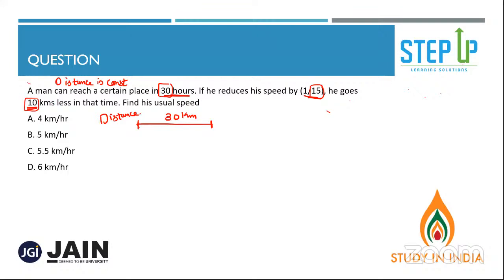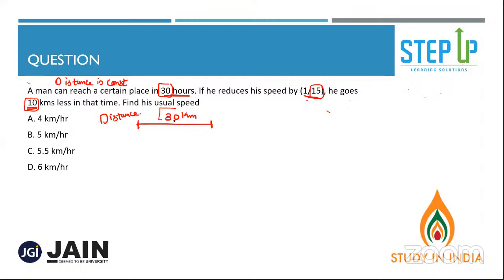Yes. If distance is constant, I'll assume some good number from my side. Now take LCM of 30, 15, and 10. Whatever number, basically, you can take LCM, some good number you assume, which is divisible by all these numbers.